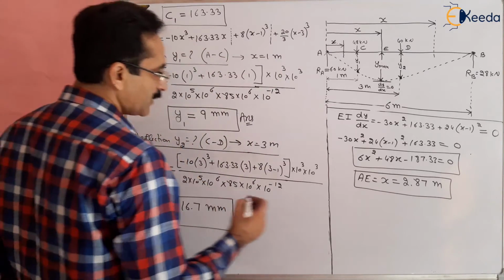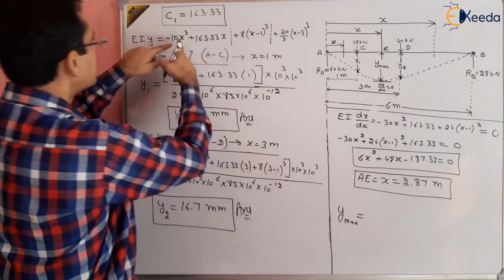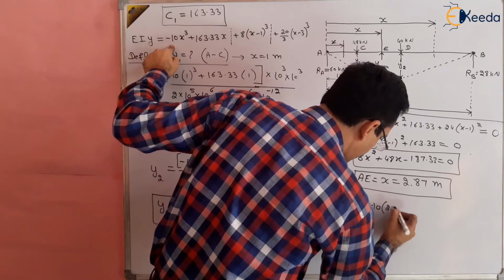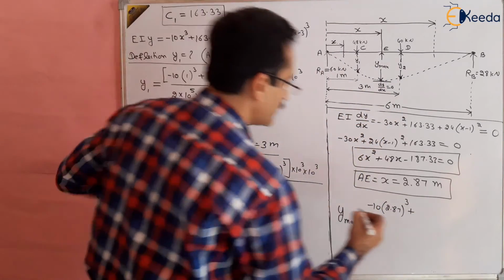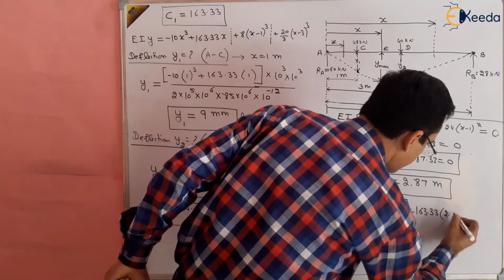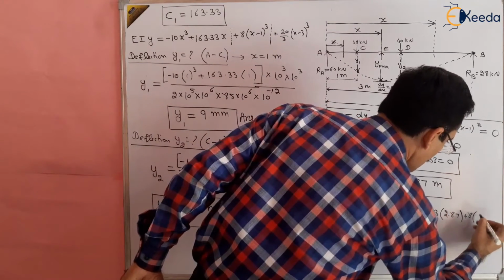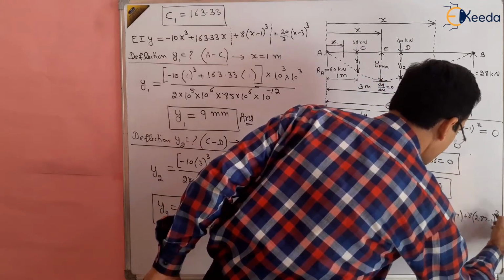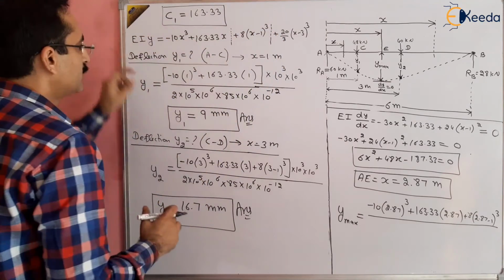So you can put here, y max will be equal to, putting here the 2.87 value, minus 10 multiplied by 2.87 cube plus 163.33 multiplied by 2.87 and plus 8 times 2.87 minus 1 cube, divided by EI.